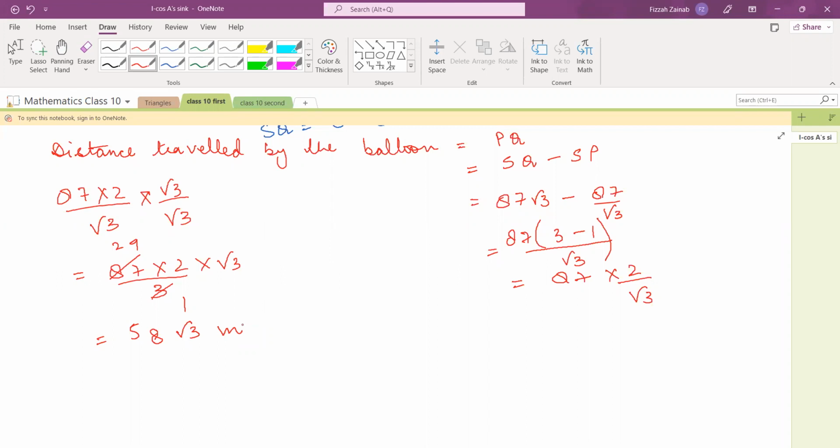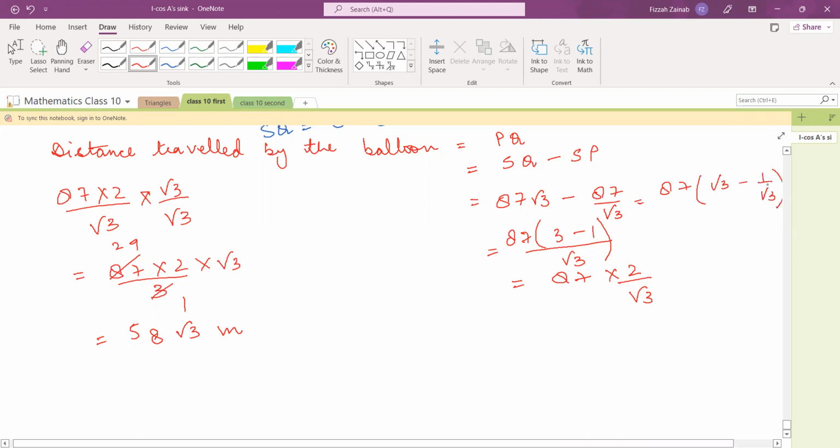So what is that step after the 87 root 3 minus 1 by 3? Basically you take 87 common, so you have under root 3 minus 1 upon under root 3. I have taken the LCM. Under root 3 is the LCM. So under root 3 into under root 3 becomes 3 and then minus 1.